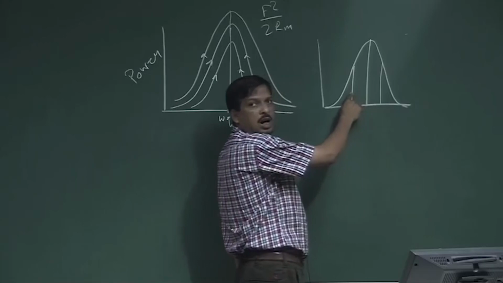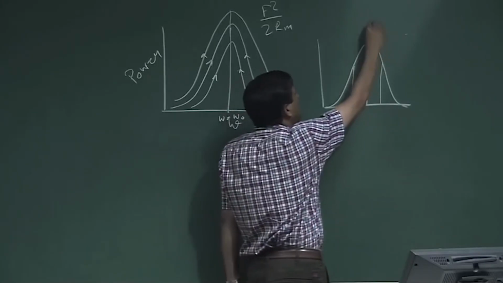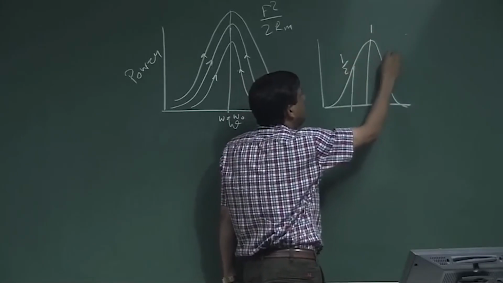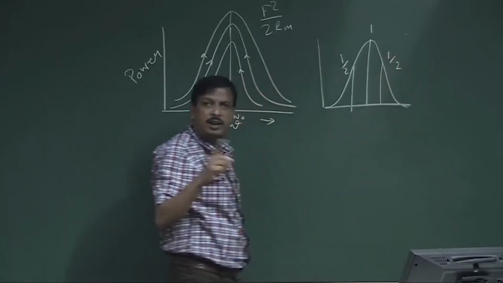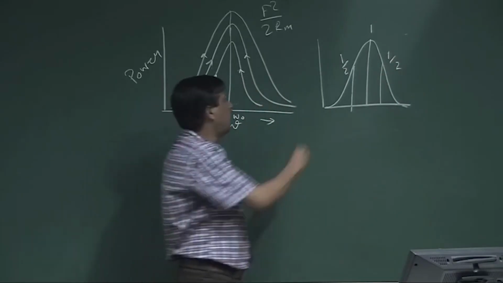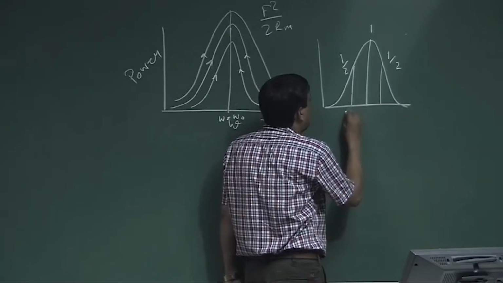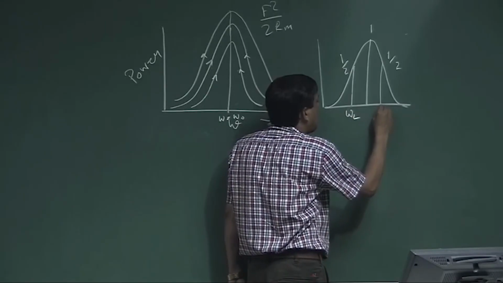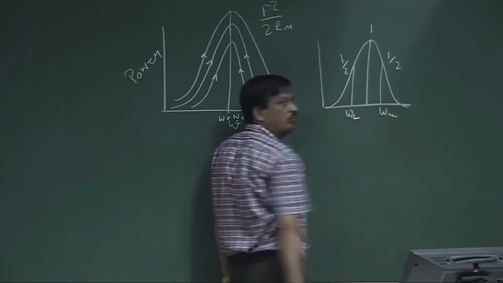If this power is 1, this will be half, which in dB is 3 dB down. The lower half power frequency is omega L and the upper half power frequency is omega U.